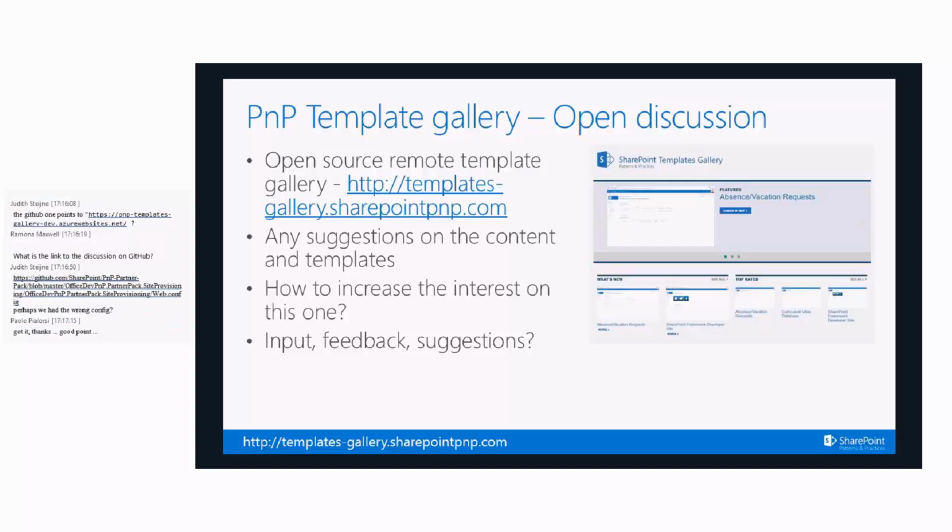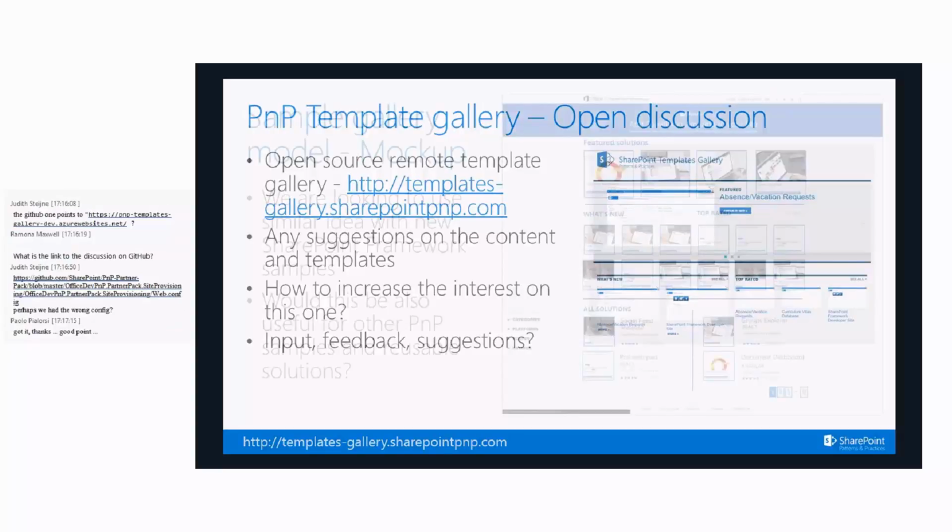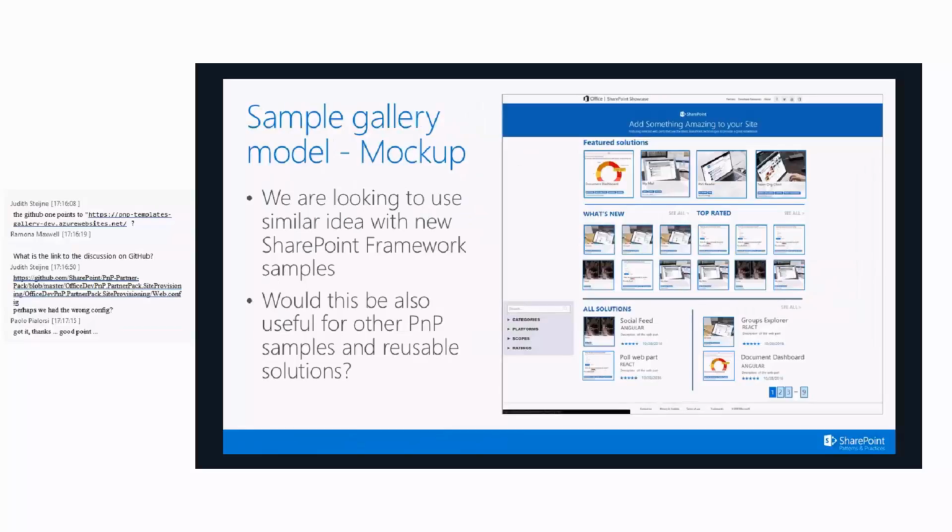Now, what we're planning to do, using a similar approach, we are in progress in the engineering for using this kind of approach for SharePoint Framework. And this is just a mock-up drawn by me in PowerPoint, because I draw my stuff in PowerPoint, but that's a different discussion. So a mock-up on the idea of how we would share samples in the future for SharePoint Framework.